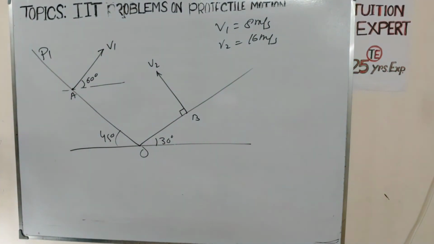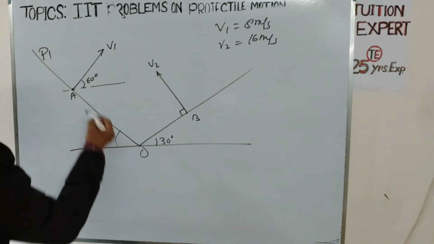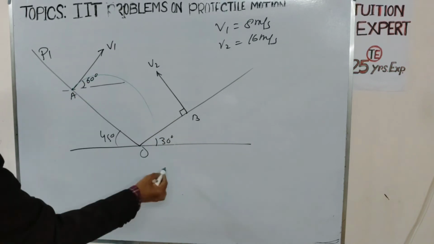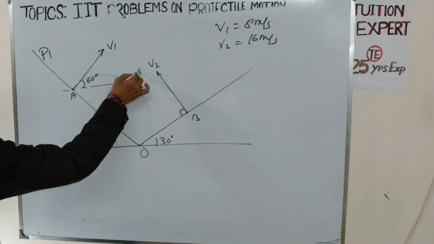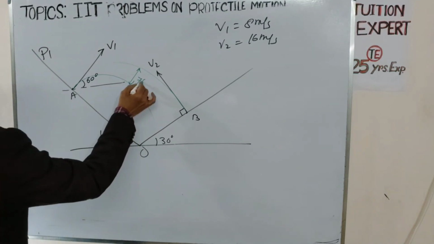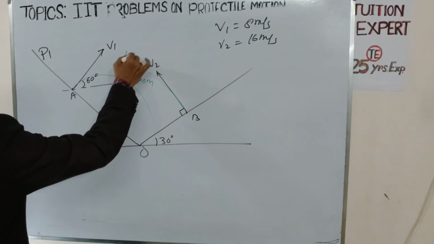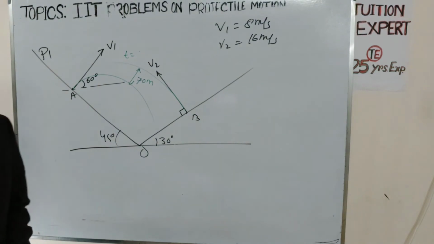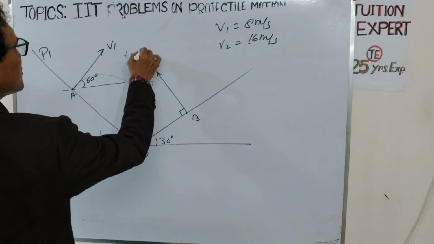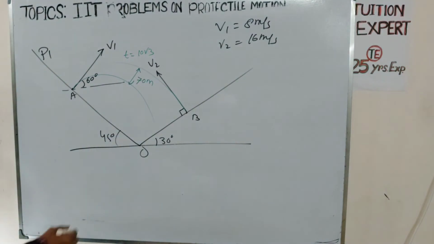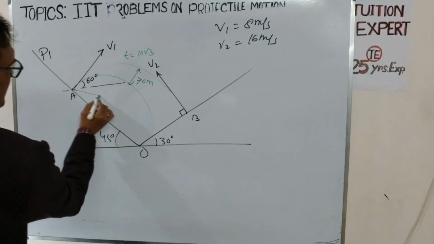Now V1 moves this way and V2 moves this way. They don't collide. The minimum distance after some time is 70 meter, after t equal to 10√3. Then you have to calculate the distance AB.